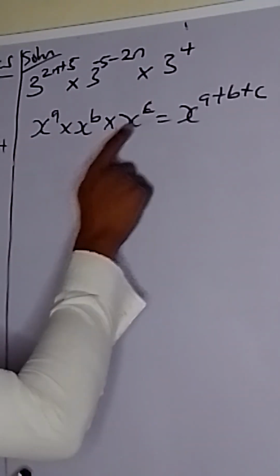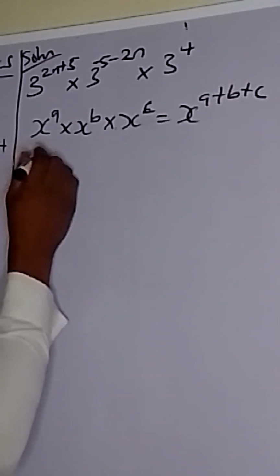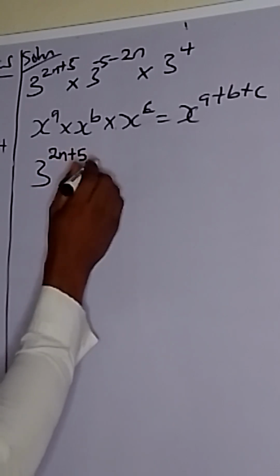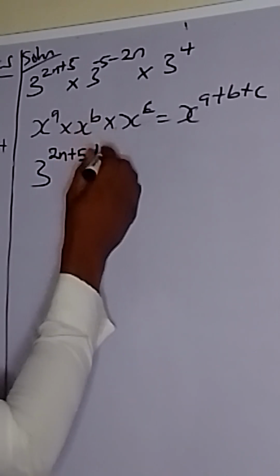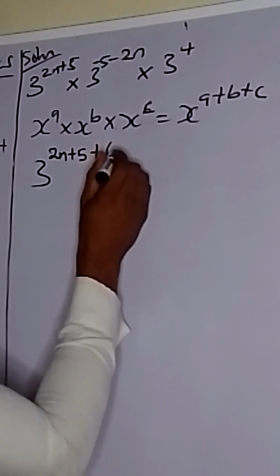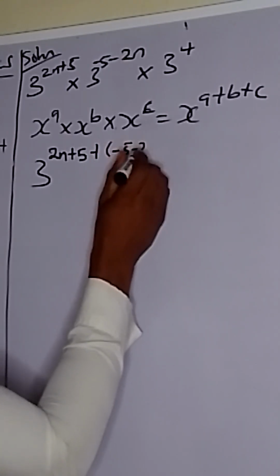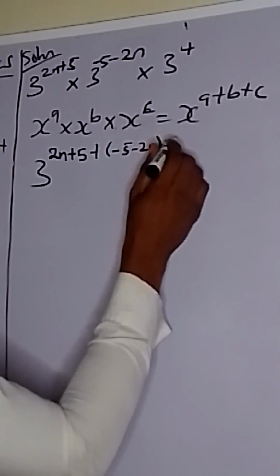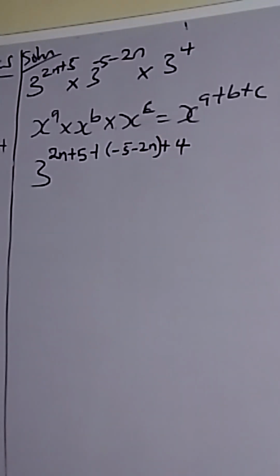So if we follow this law now, in order to make it look like this, we will have 3 raised to the power, our a is 2n plus 5, then plus our b is minus 5 minus 2n, plus our c is 4. So this is what we will have.